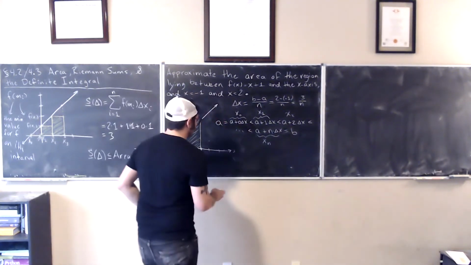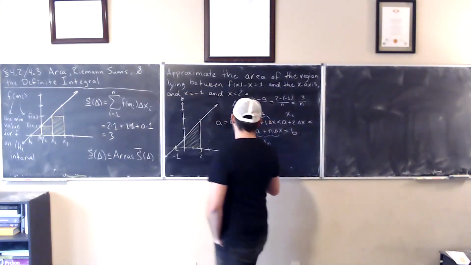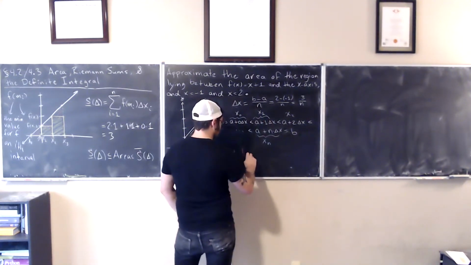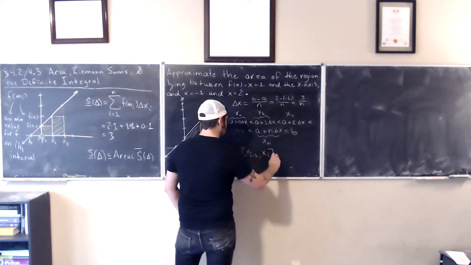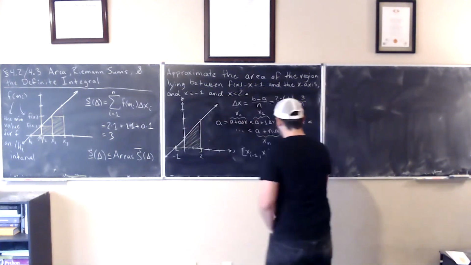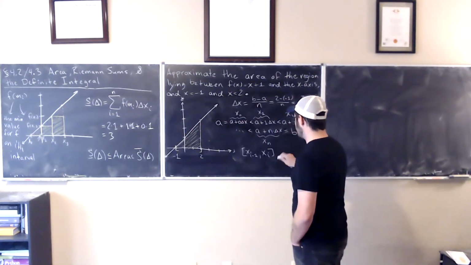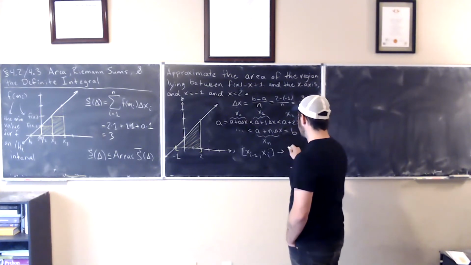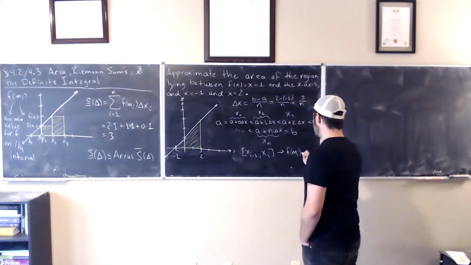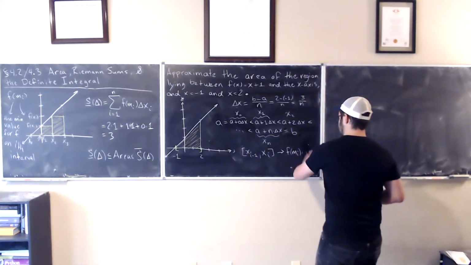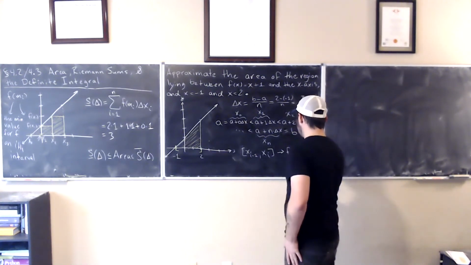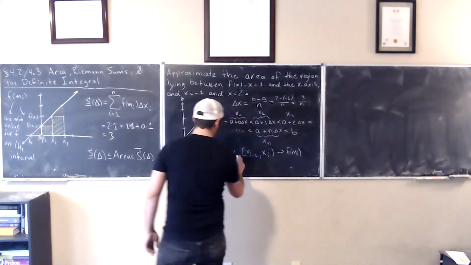So in particular, if we're looking at the interval xi minus 1 to xi, this would give us little mi, that's equal to f of the left endpoint.